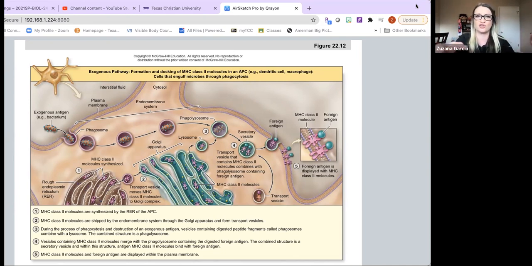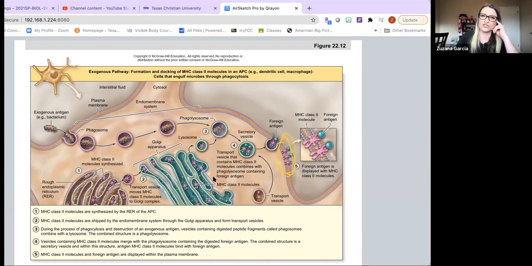These guys don't really match up until after the MHC class 2 is already out of the Golgi. But that's a very minor detail there. Okay, but that's where they meet. And then the foreign antigen is, once again, expressed to the outside.